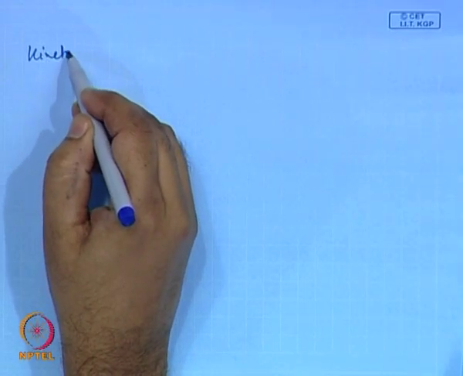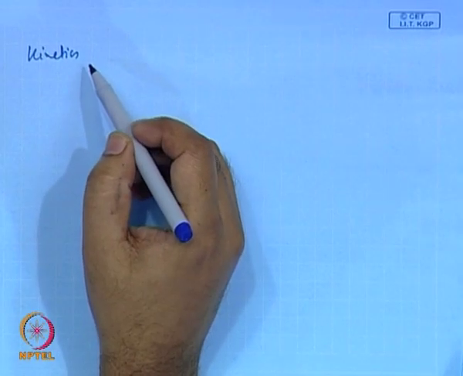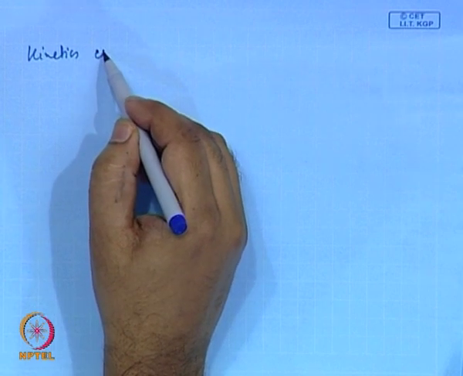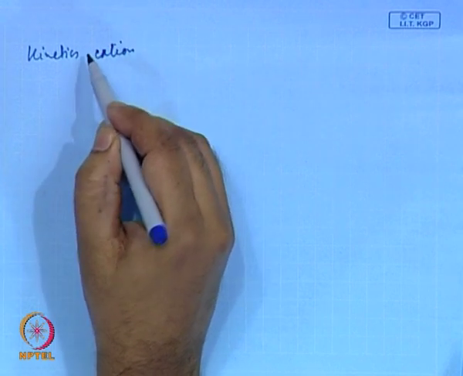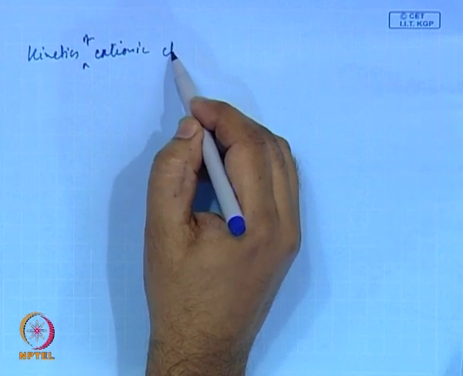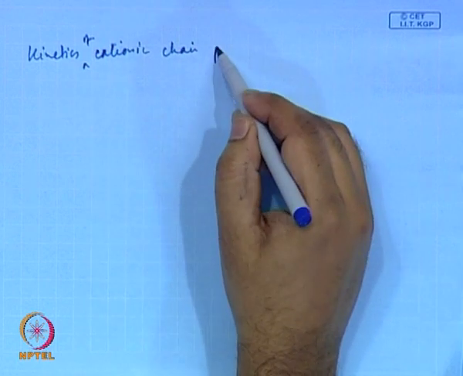Now, let us talk about the kinetics, or deduce a kinetic expression, in case of cationic chain polymerization.